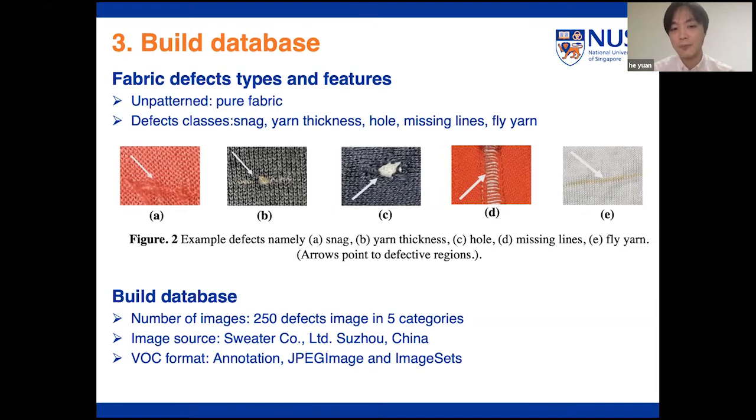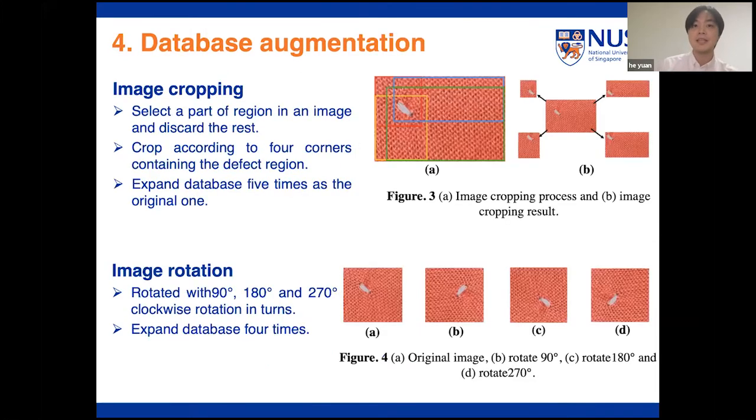We have more data. And this time, we also do some augmentation, and we're not just flipping. This time we try cropping the image because we think we need to expand the database in another way.